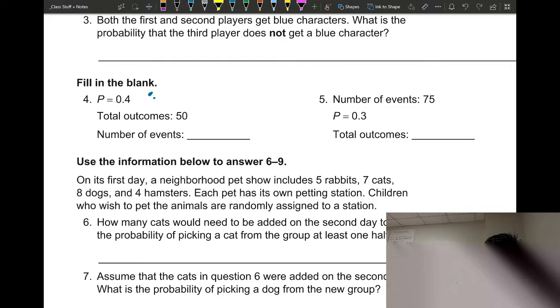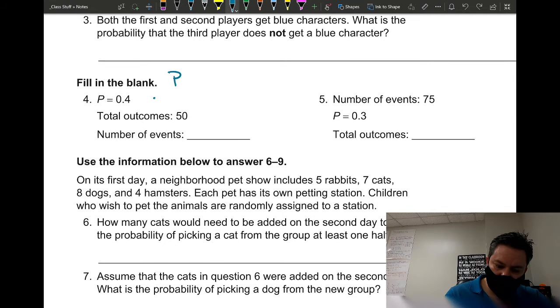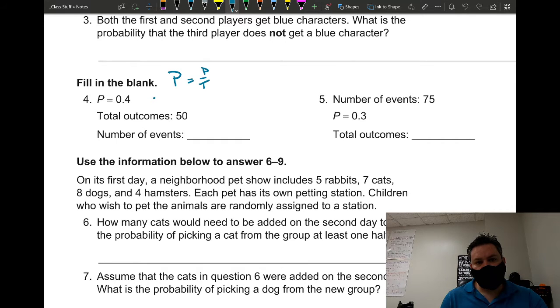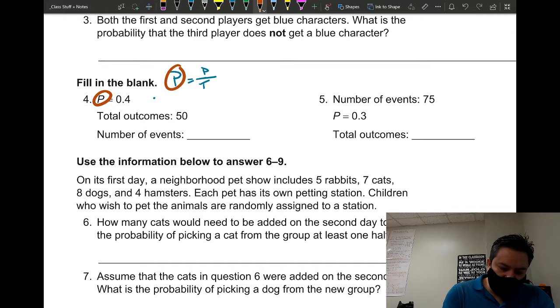Whenever you have something like that, the formula is probability equals part over total. They're giving you two of the things that you need to know, so all you have to do is substitute in. This is going to go right here, and the total is going to go right there.